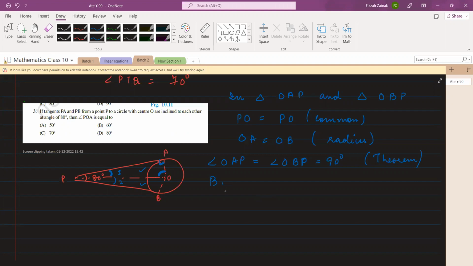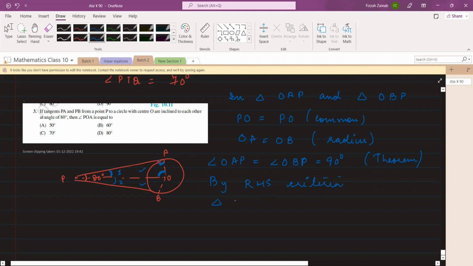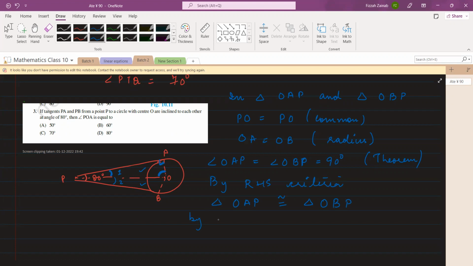Okay, so by RHS criteria, triangle OAP is congruent to triangle OBP, and by CPCT, angle 1 is equal to angle 2. Yeah, written now.